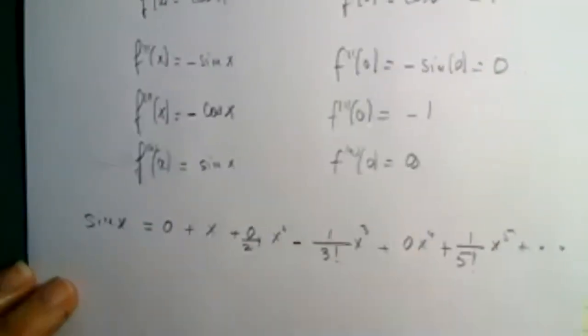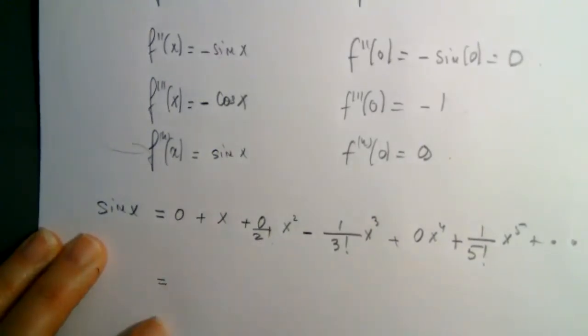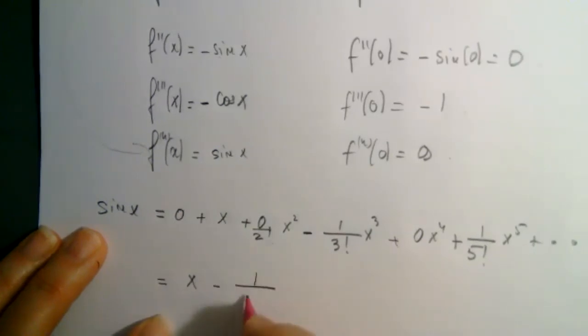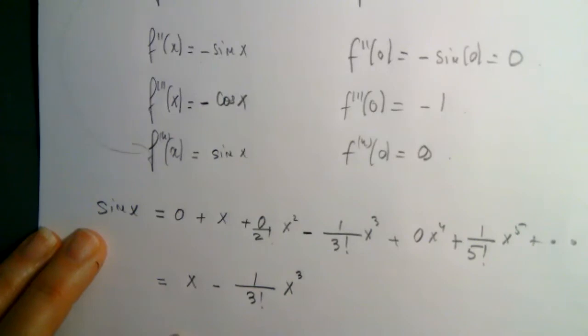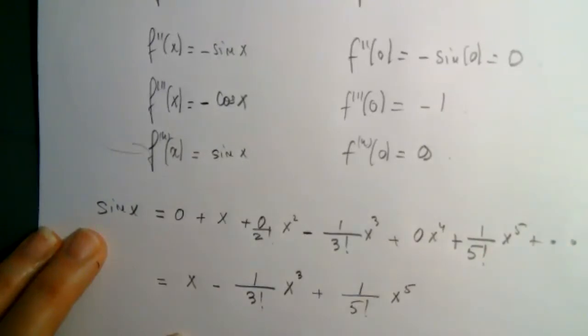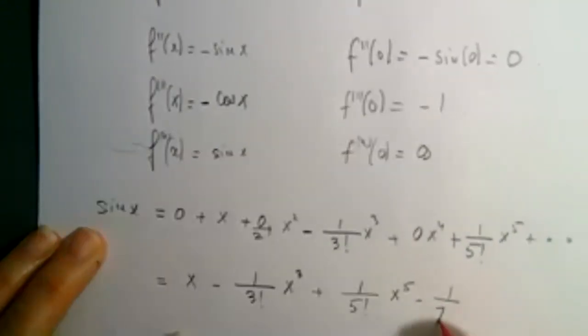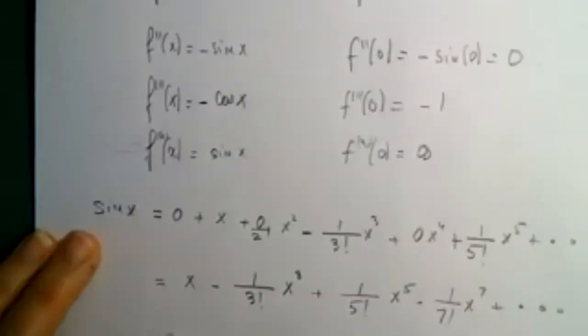So let me rewrite it in a nice way because I don't want zeros that make things confusing. So the sine is going to be x minus 1 over 3 factorial x cubed plus 1 over 5 factorial x to the fifth minus 1 over 7 factorial x to the seventh, and so on and so forth.